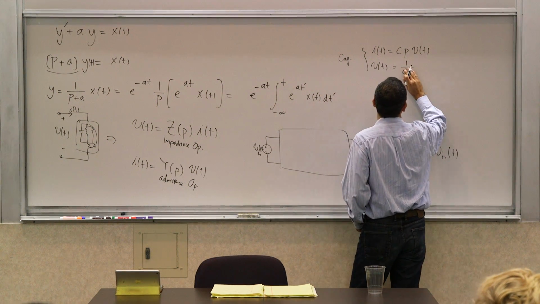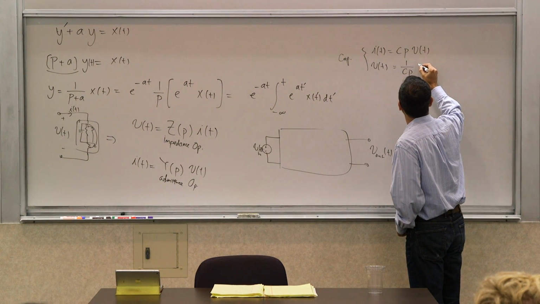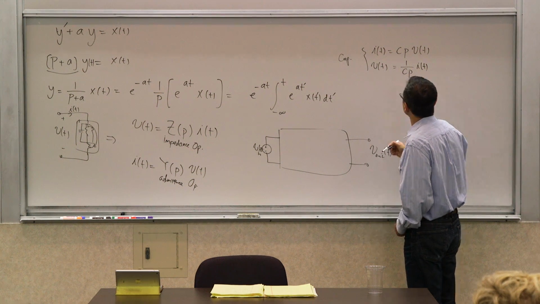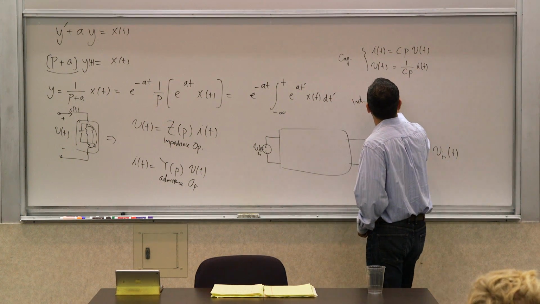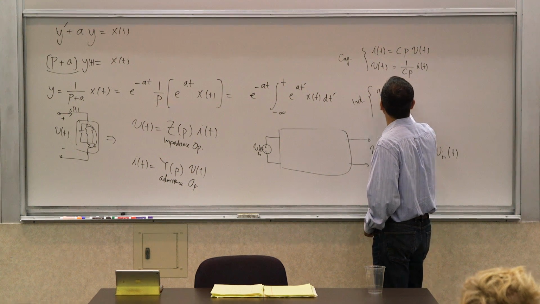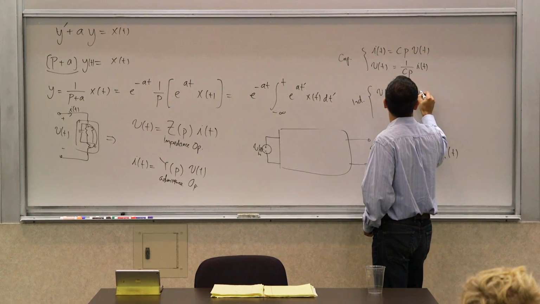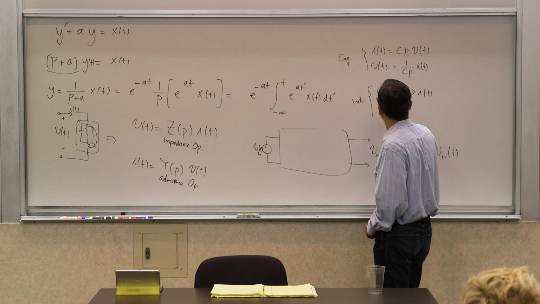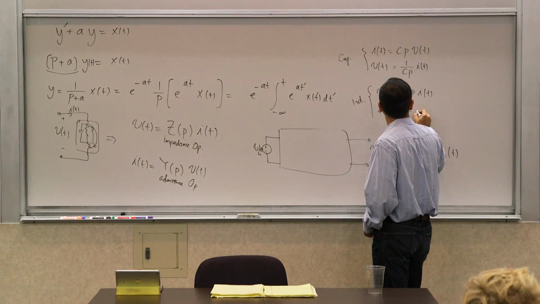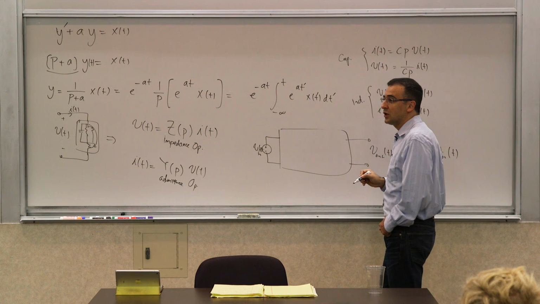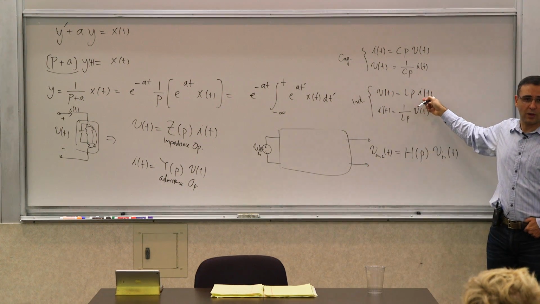We compound it by saying essentially it's 1 over C times 1 over p operating on I of t. And likewise for an inductor, V of t is Lp I of t, and I of t is 1 over Lp V of t. And of course you know what these are, right?